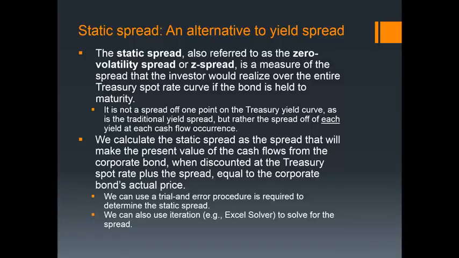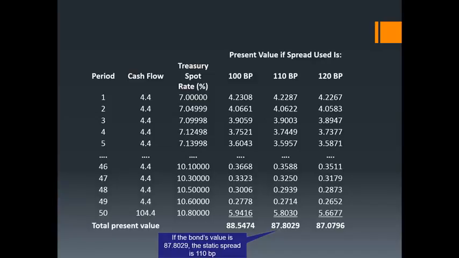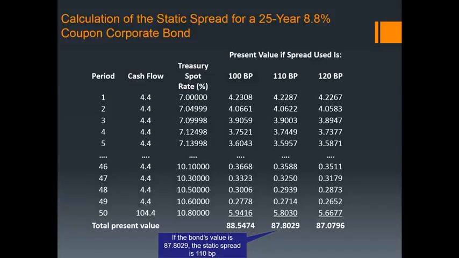We know its current value and its cash flows, and we're trying to solve for how much we have to adjust the yield. We can use trial and error, which I'll show you in a moment, or we could use Excel Solver. Now this would be a trial and error approach.